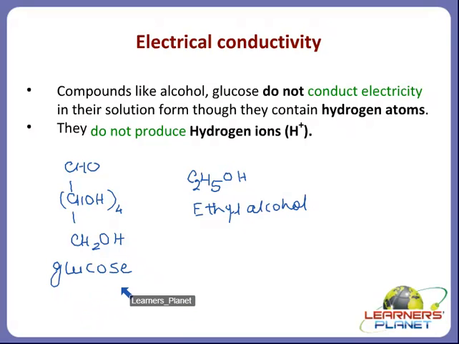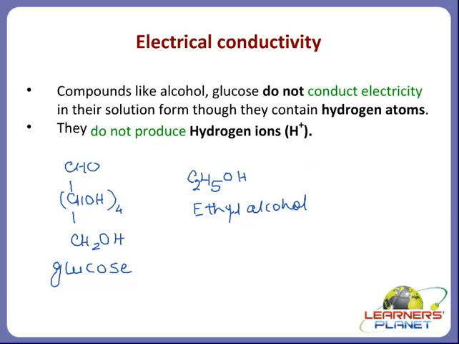Ethyl alcohol has 6 atoms of hydrogen, still it is a non-conductor of electricity. Why? Because glucose and alcohol do not produce hydrogen ions in solution, right?